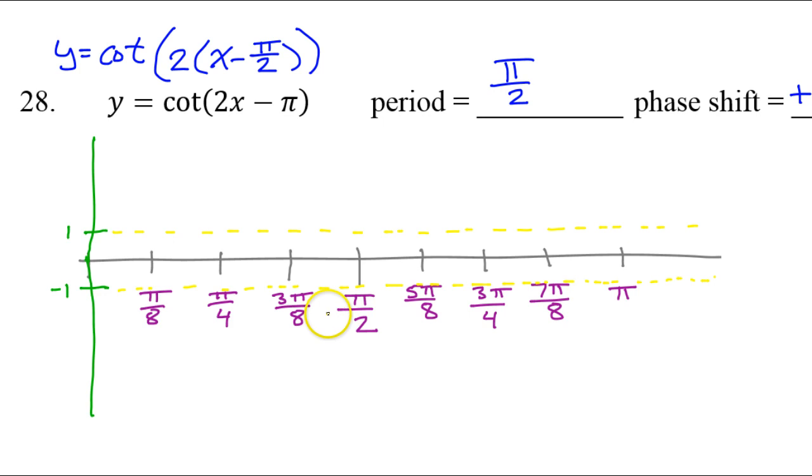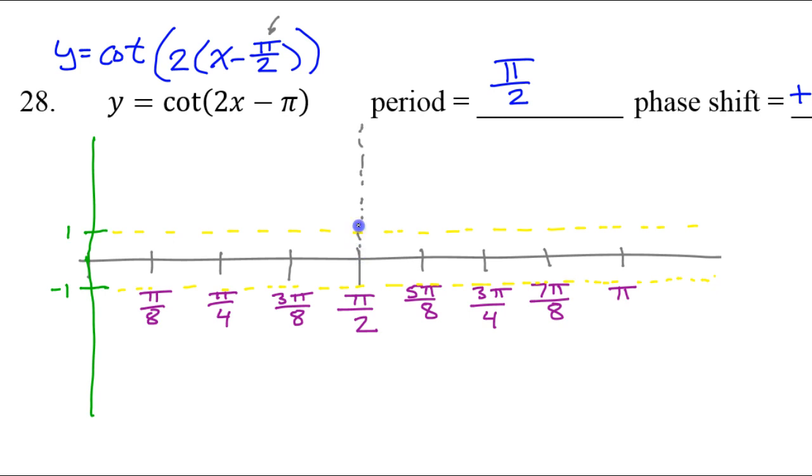Okay. Now, remember what I told you about the cotangent. I told you that the cotangent begins and ends the period with a vertical asymptote. Also remember that we started at pi over 2. So that's where I'm going to put my first asymptote. So cotangent begins and ends with a vertical asymptote.